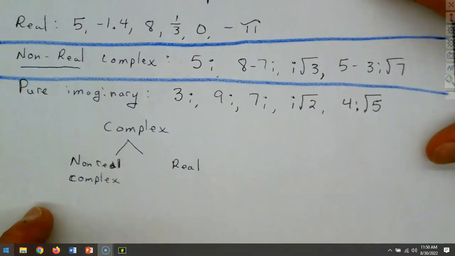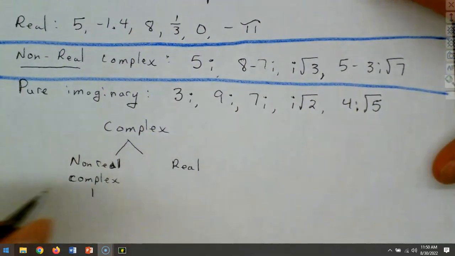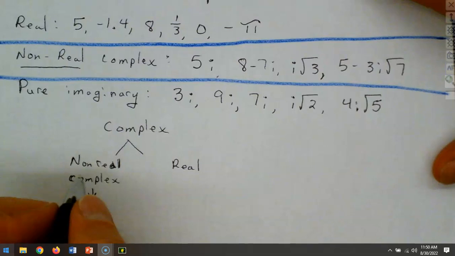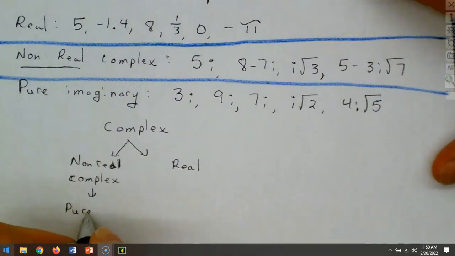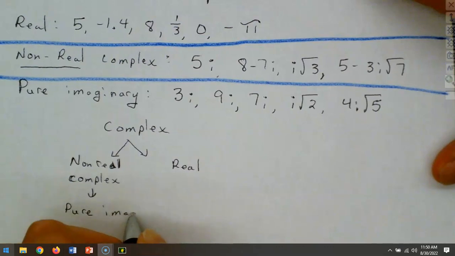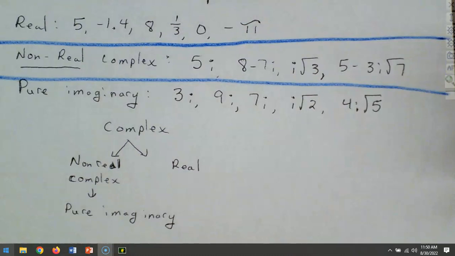And then we break down the non-real complex numbers. They can be broken down further into pure imaginary sometimes. So inside of the non-real is the pure imaginary. So non-real is here, it includes them, pure imaginary is inside of it.